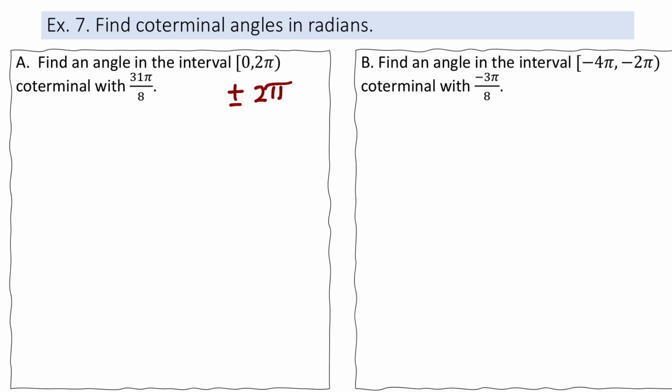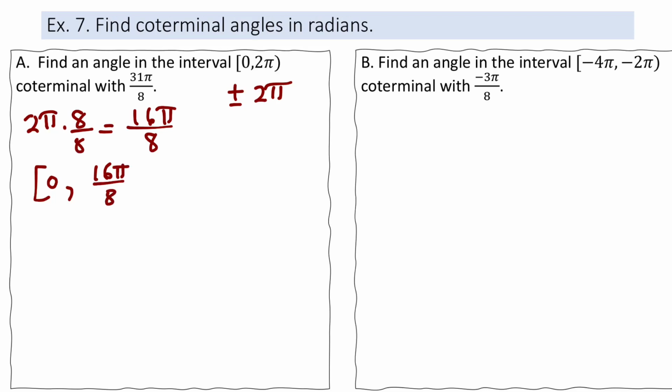So first of all, 2 pi in terms of eighths would be helpful to know so we can make a comparison. So 2 pi in terms of eighths is 16 pi over 8. So we're looking for an angle in the interval 0 to 16 pi over 8 that's coterminal with 31 pi over 8.